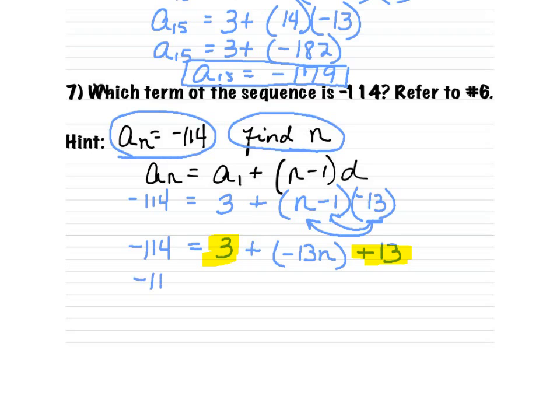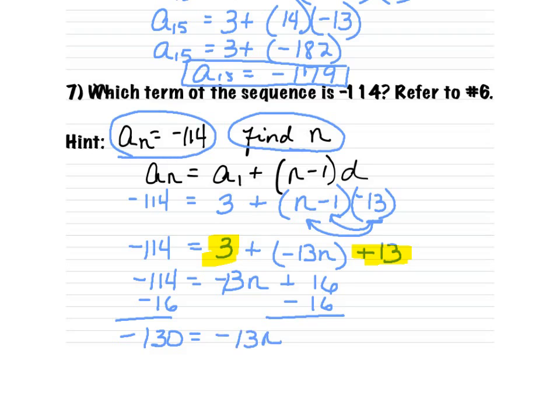Negative 114 equals negative 13n plus 16. Let's subtract 16 from both sides. Okay, so we have negative 130 equals negative 13n. And to solve, we're going to divide both sides by negative 13, and we find that 10 equals n. So it would be the 10th term.